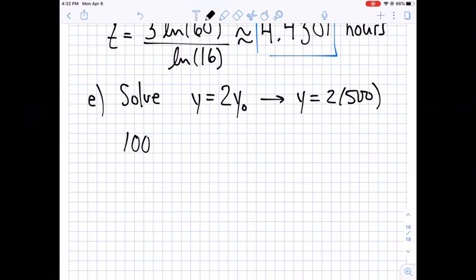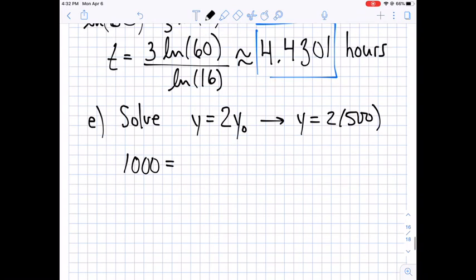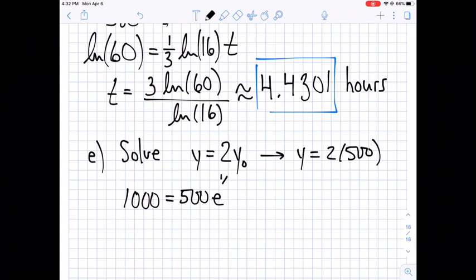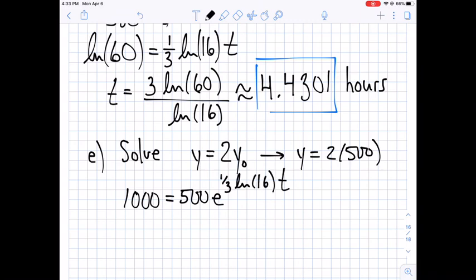Very similar to the last part that we did there, part D. We have 1,000 is equal to 500 e to the k, where k was 1/3 ln of 16, multiplied by t. And now we're going to divide again both sides by 500.